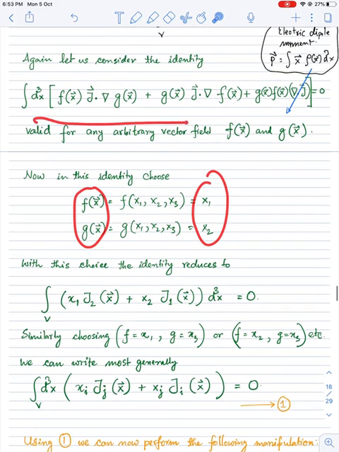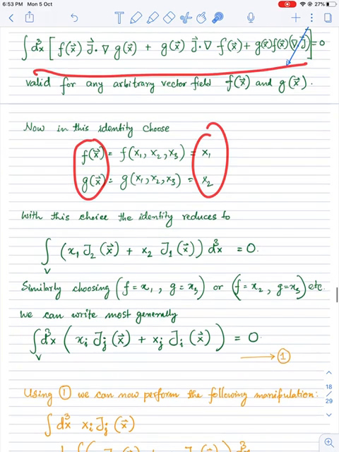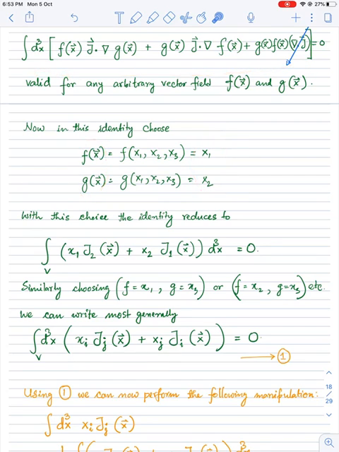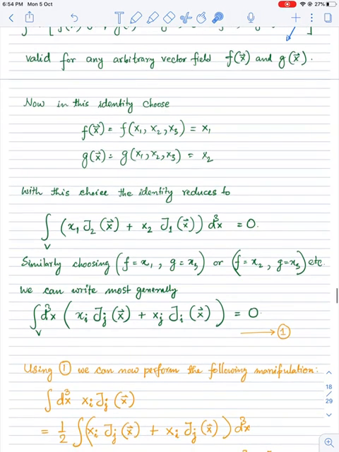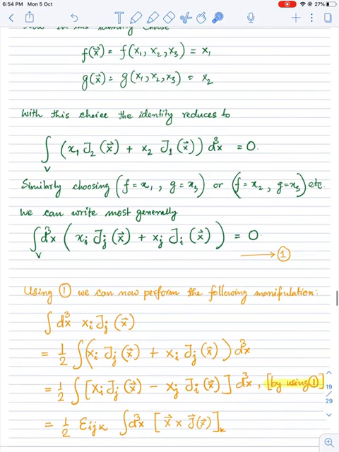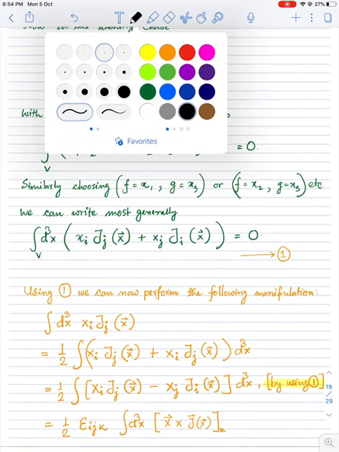In general, by choosing f and g judiciously, we can show that x_i j_j plus x_j j_i is 0. That means if we interchange i and j, the expression should have a minus sign.